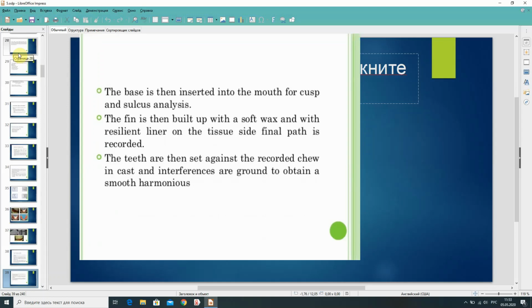The base is then inserted into the mouth for cusp and sulcus analysis. The fin is then peeled up with a soft wax and resilient liner on the teeth side. Final path is recorded. The teeth are then set against the recorded chew-in cast and interferences are ground to obtain a smooth, harmonious occlusion.